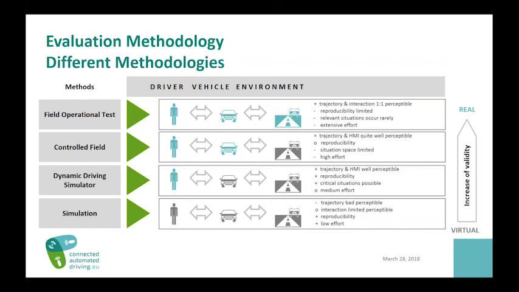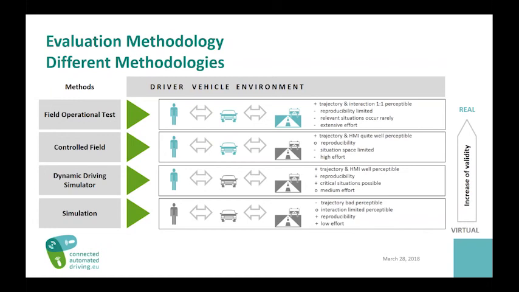The next level would be a driving simulator, where you can test a real human, the interaction especially, with a mock-up vehicle, so a kind of virtual or artificial vehicle in an artificial environment. On the test track, the control field, you have a real vehicle with a real driver, but the situations which you are testing are artificial because they are somehow staged with balloon cars or other tools.